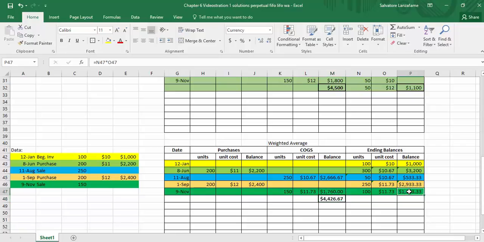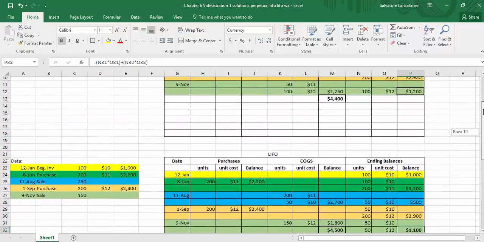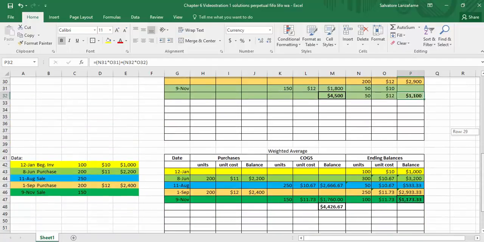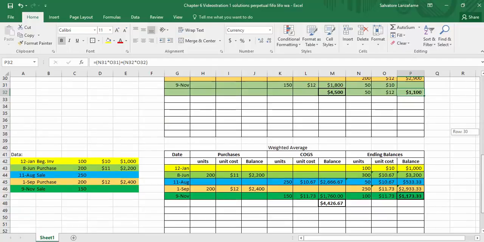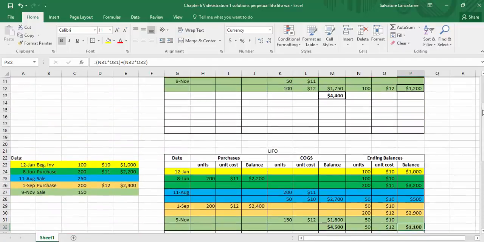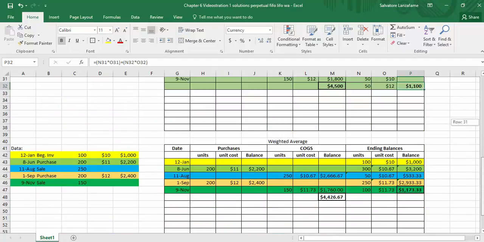Put this one in bold as well. So 4,426, we had 4,500 for LIFO, and we had 4,400 for FIFO. So again, 44 was the low, 45 was the high, 4,426 somewhere in between the two. And that's how you do perpetual under FIFO, LIFO, and weighted average.